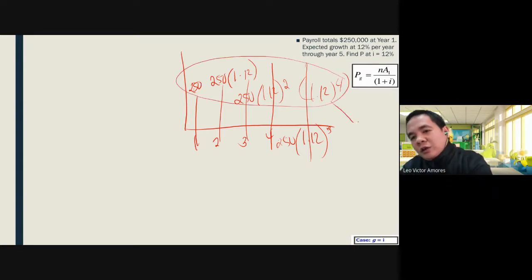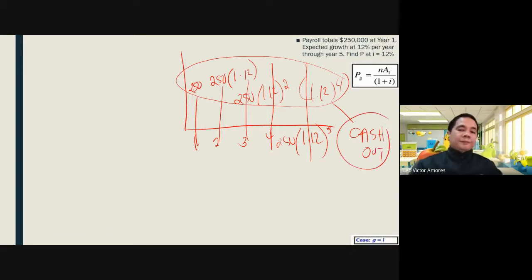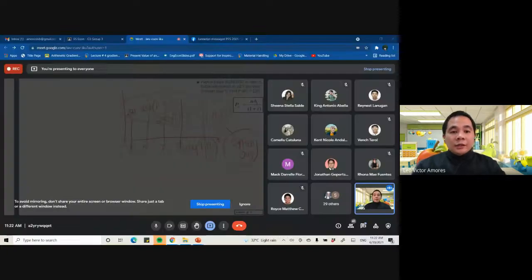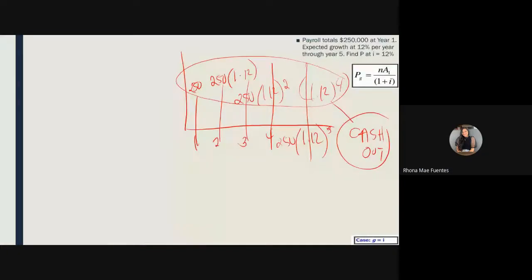This is your cash out, excluding interest. Correct?